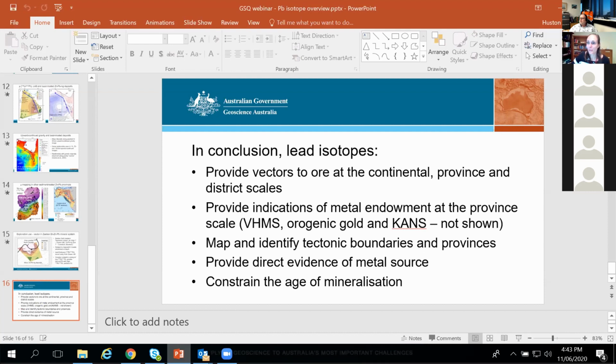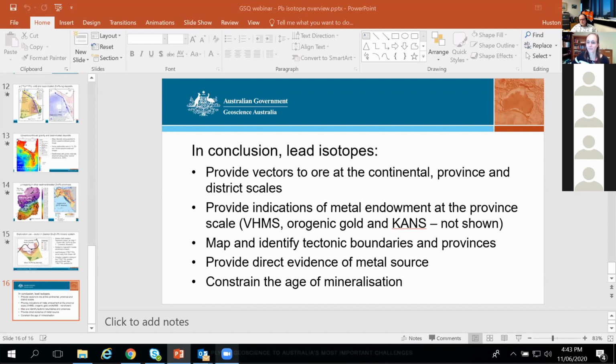One question from Azam says, is it possible to get lead isotopes from silicate minerals? Yes. One of the things you can do is use K-feldspar, potassium feldspar, because it concentrates lead. I think it substitutes for the potassium, and it tends not to concentrate uranium.